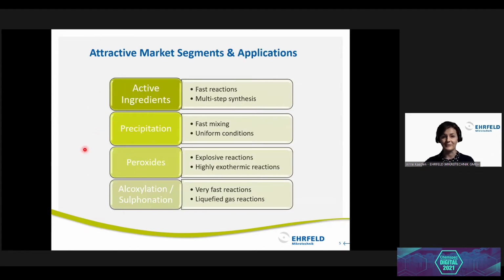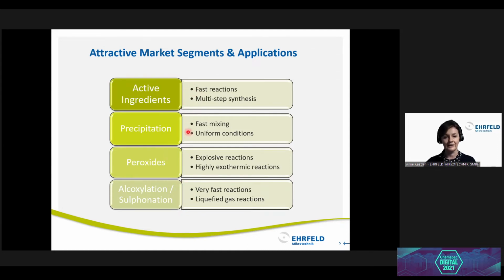That's always one of the first questions our customers ask: how to do it, which reactions make sense, where to go from batch to continuous. That's normally the first really interesting question. We have here an overview of attractive market segments, and what you can see in the explanation for these reactions is that it's always about fast reactions.